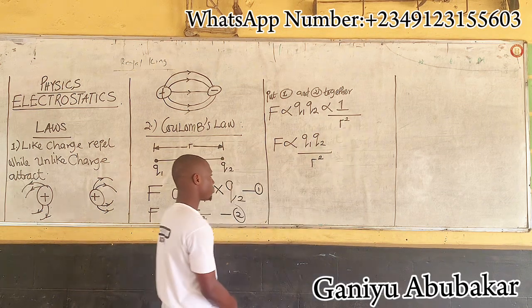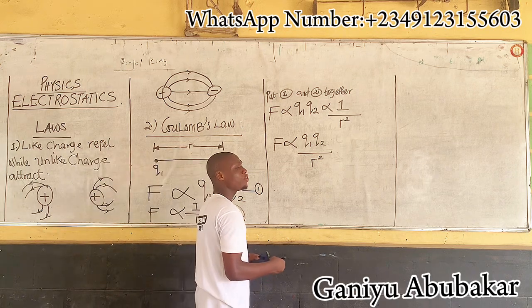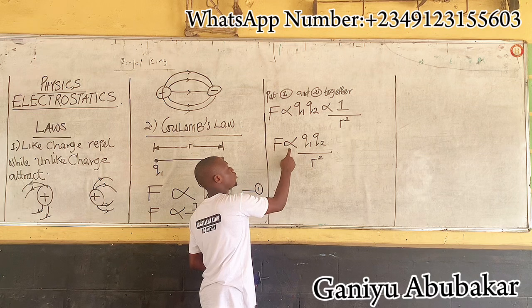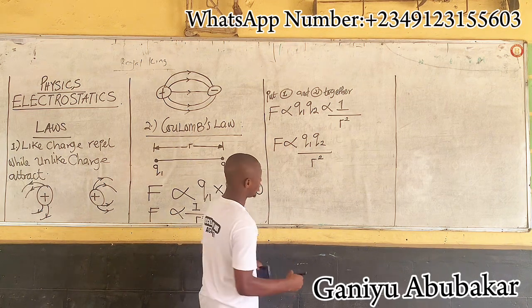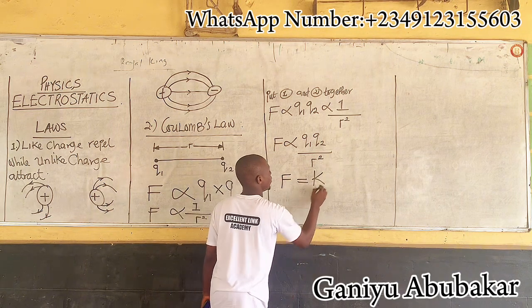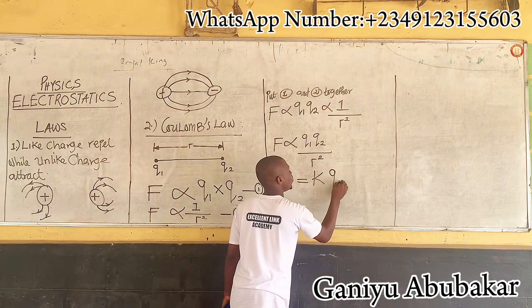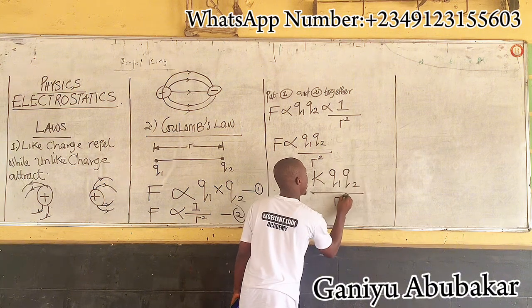So I have F proportional to Q1 Q2 all over R squared. In your normal math, how do you take off the proportionality sign? I'll introduce an equal sign with a constant K. So F is equal to K Q1 Q2 all over R squared.